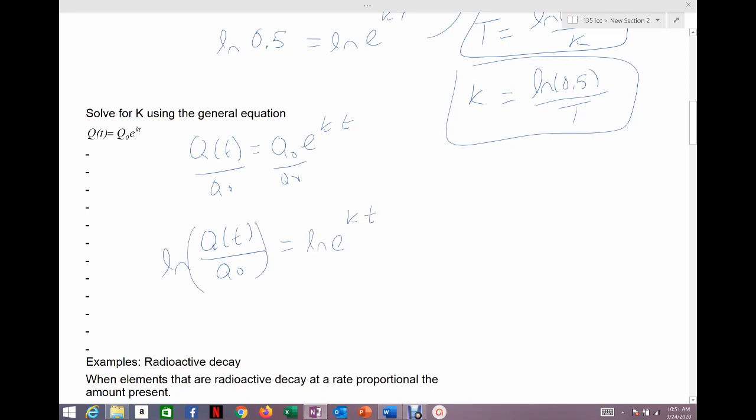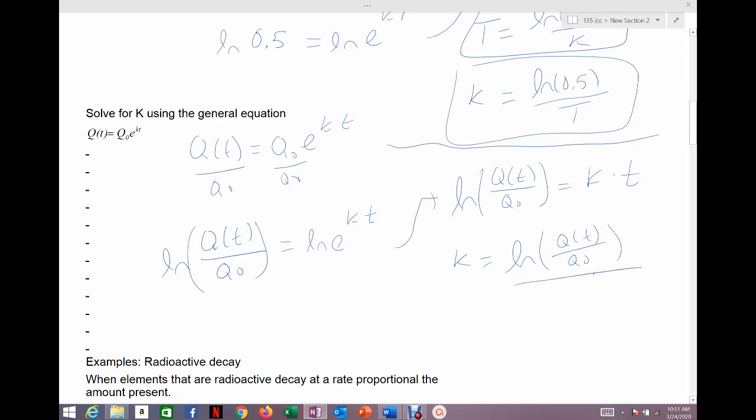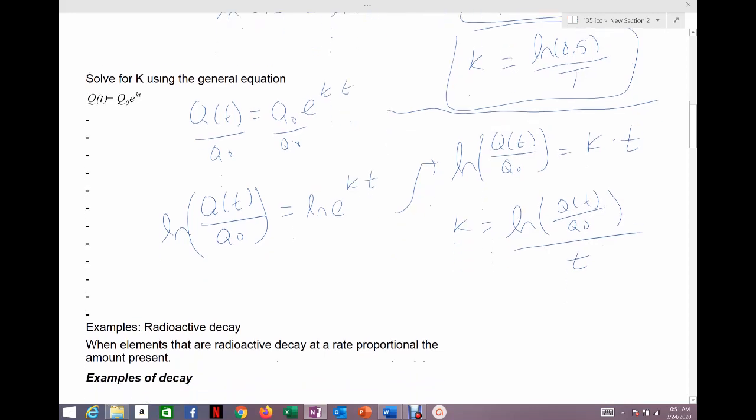Remember, leave that fraction exact, no rounding. And so I would be left with, on this side, the natural log of the quantity at the time that I'm given over the initial amount equals k times the time, and then we'd solve for k by taking the natural log of our quantity at time t divided by our initial amount, divided by the given time, right? Again, very similar to what we did before.